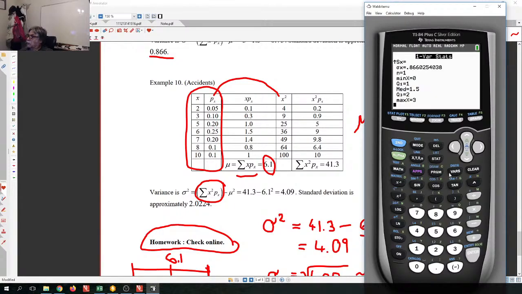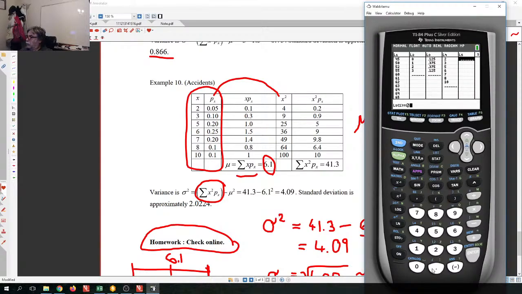Okay, so if you want to do that by using a calculator, you have to put that distribution in your calculator. So I'm going to use L4 and L5, list 4 and 5. So I have 2, 3, 5, 6, 7, 8, and 10. As I said, this is not really a great sample because in the beginning I had just 20 days.